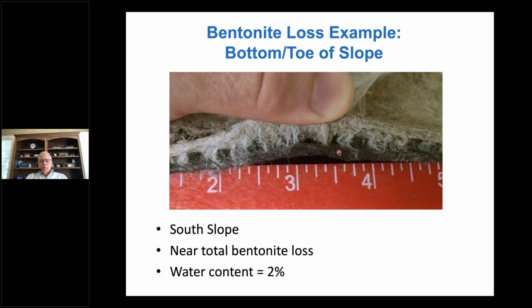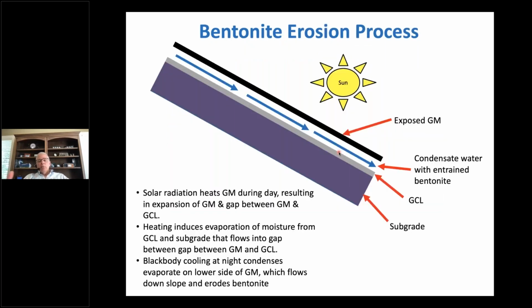And that's the bentonite erosion that Carrie Rowe at Queen's University in Ontario has done an extensive amount of work on. That bentonite erosion process, which I mentioned, is due to that thermal cycling. When we have the sun up here beating down on our high density polyethylene geomembrane, heating it, because we haven't covered the system, that geomembrane actually separates from the GCL, and we get moisture moving upward, filling that void space.